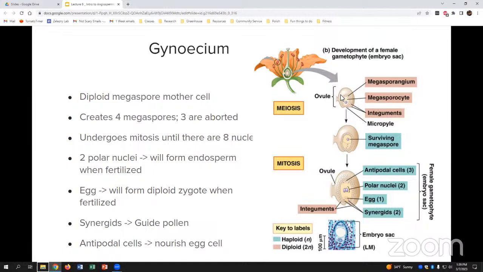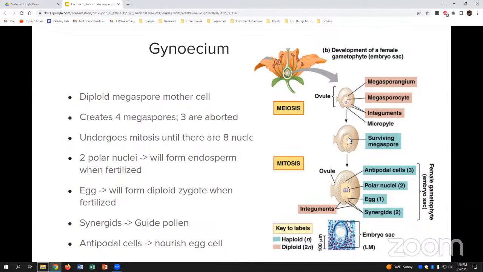So it's diploid, just like our sporophyte generation was. So this diploid megaspore mother cell is then going to undergo meiosis. So we're going to undergo 2 cycles of division, taking us from diploid to haploid, creating megaspores.